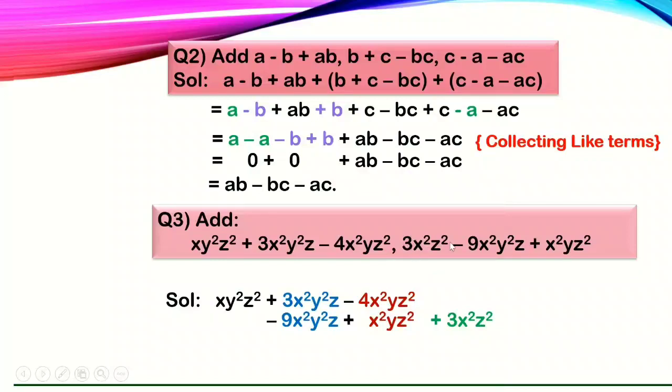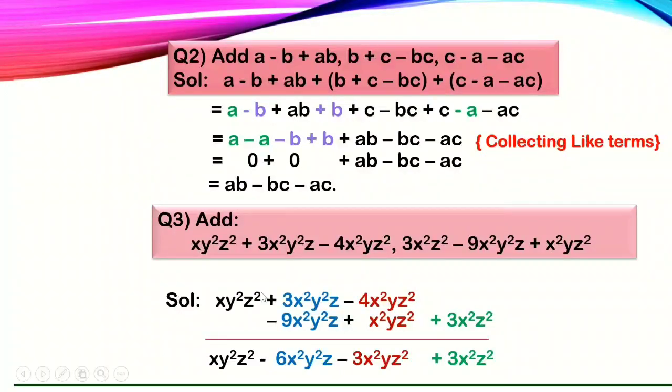No. So I have put this 3x square z square separately. So you can keep it separately. And then minus 9x square y square z, I have kept it below 3x square y square z. Fine. Then minus 4x square yz square, which is like this term. We can see here that x square yz square is the like term to this term. So we have put this plus x square yz square below this minus 4x square yz square.